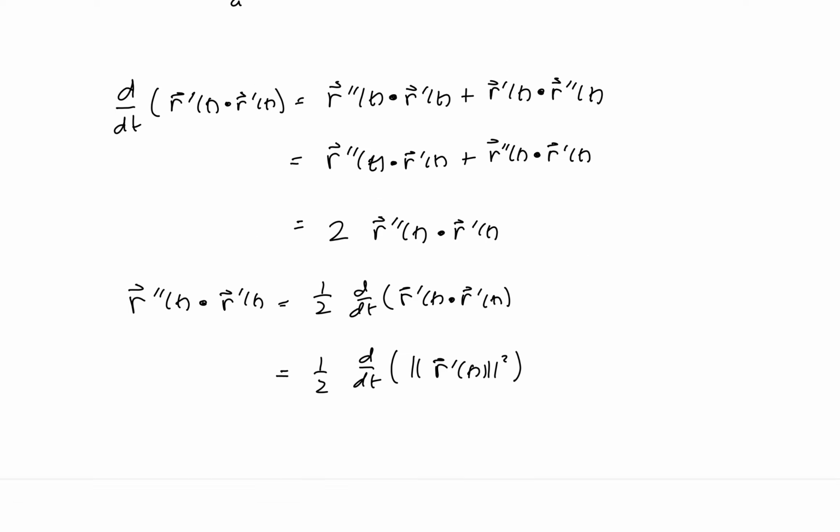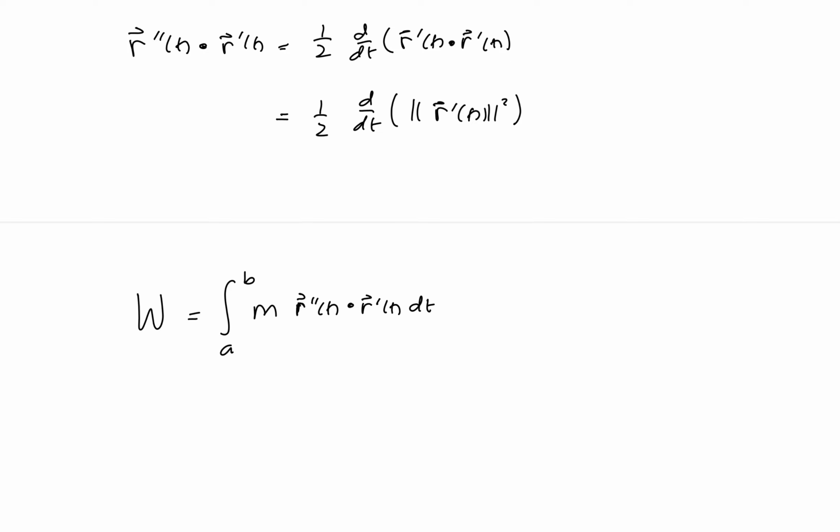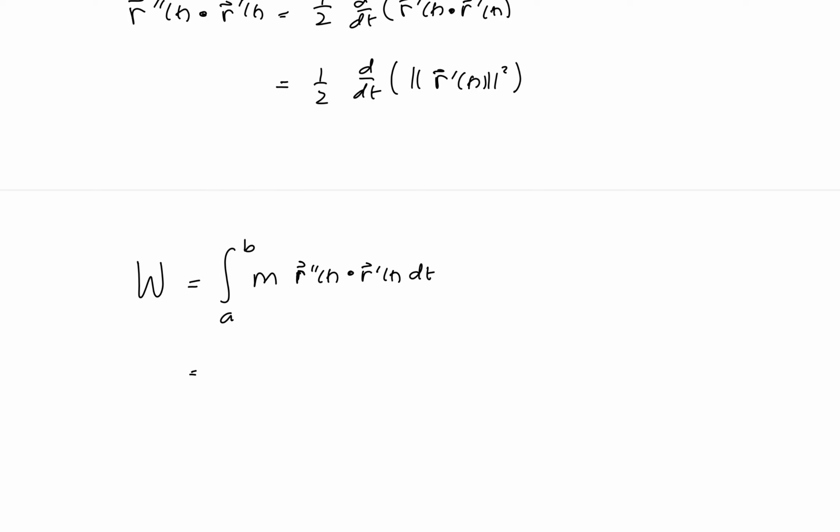So let's put this back into our formula for work. Work is the integral from a to b of m r double prime of t dot r prime of t dt. We can bring the m out front, and then we have the 1/2, and from a to b, d/dt of the magnitude of r prime of t squared dt.